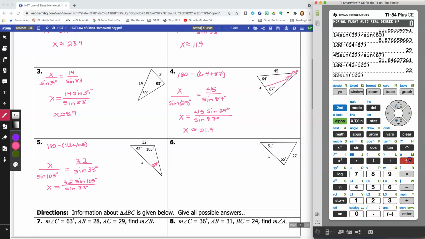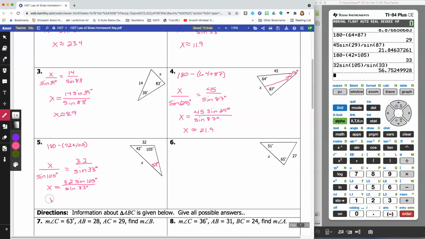Close the parentheses. So x is approximately 56.8 units.